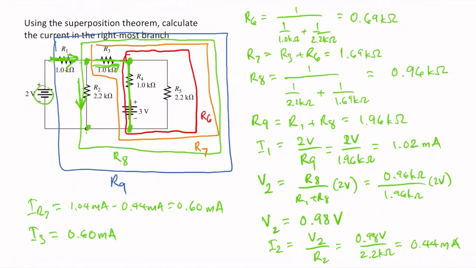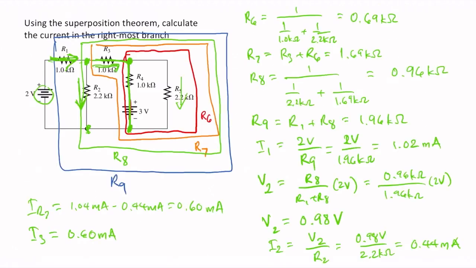We already know what this voltage is. That's the voltage across R2, which is 0.98 volts. So all we need to do to solve for R5 is first to solve for the voltage across this junction.